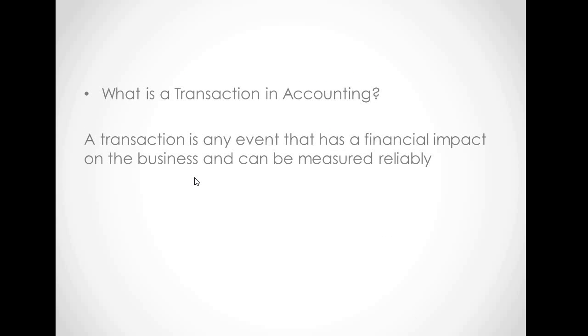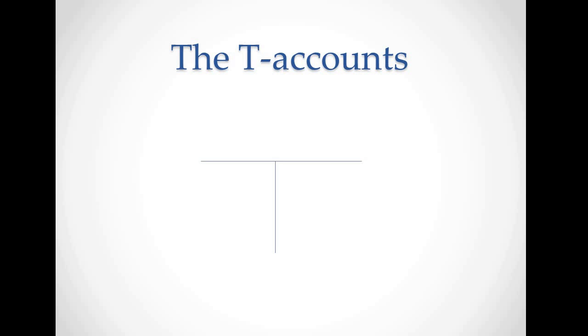A transaction is any event that has a financial impact on the business and can be measured reliably. This is the formal way of explaining transaction, and the most common way of recording transactions is the T account.